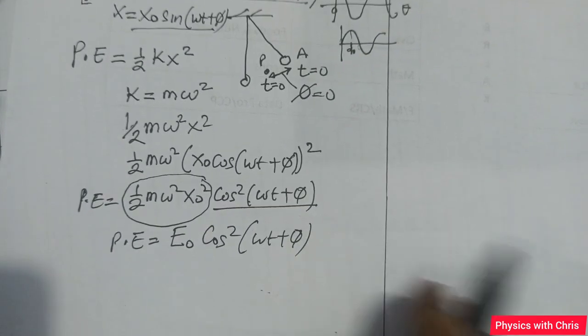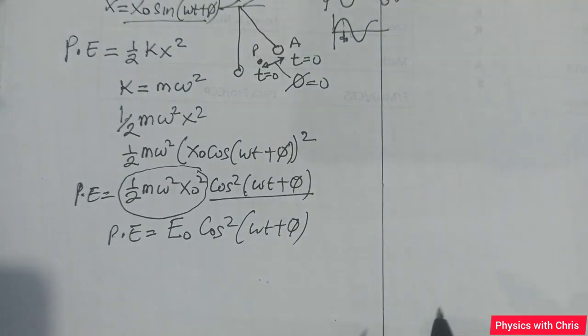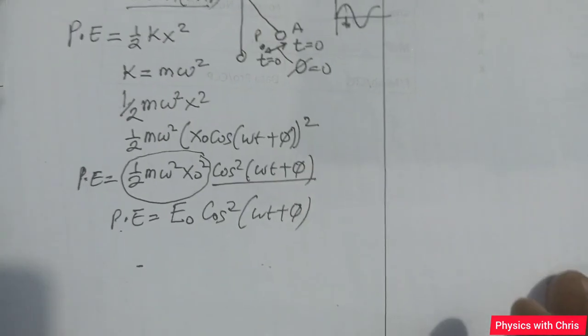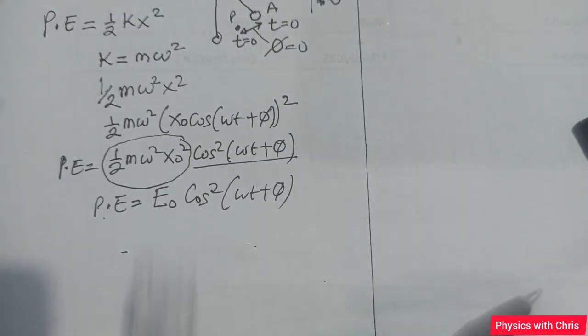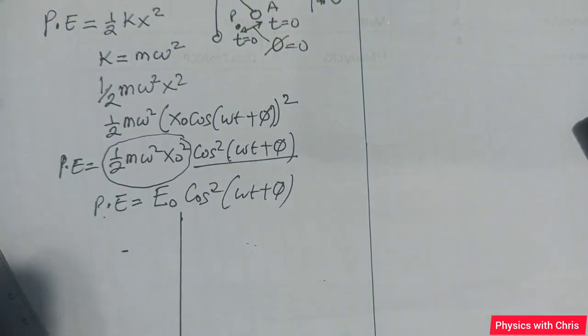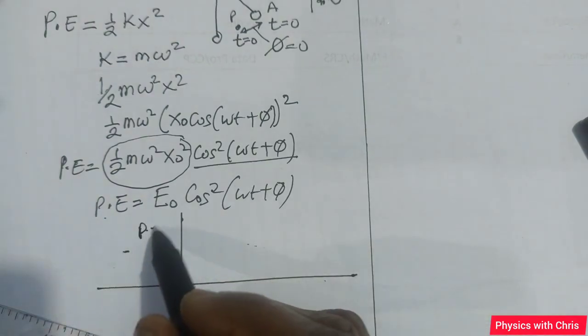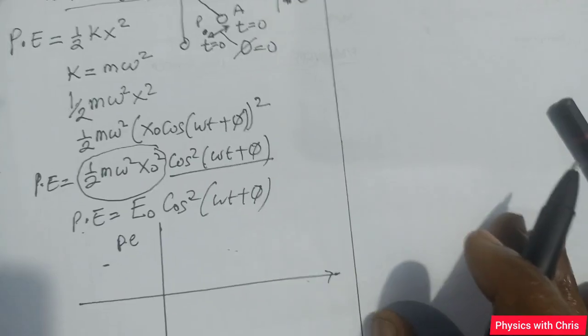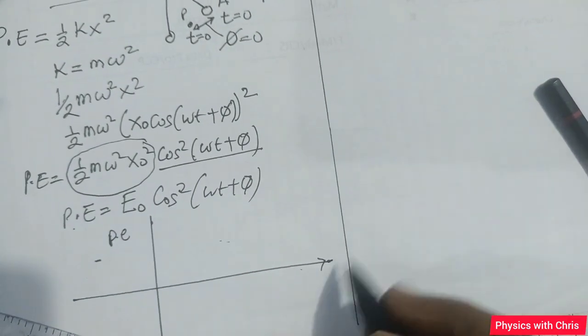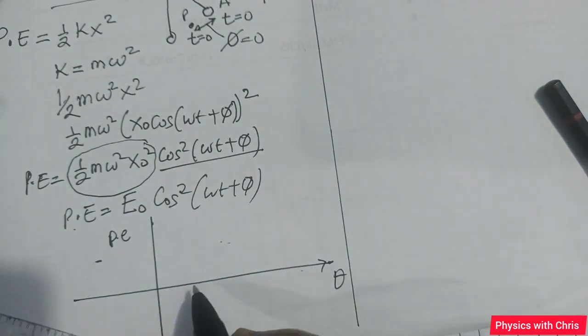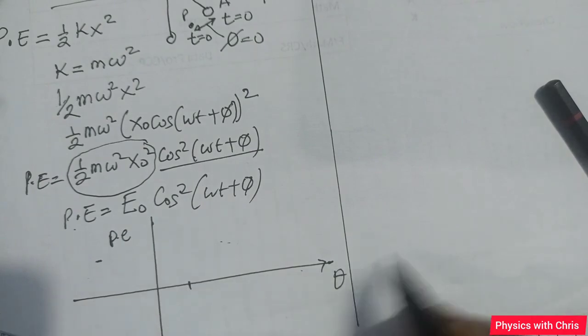How do we draw the graph to show the variation? Since this is squared, the value of the potential energy will not be negative, because squaring a negative number always gives a positive number. Let me sketch a graph of how the potential energy, PE, varies with the phase angle theta.